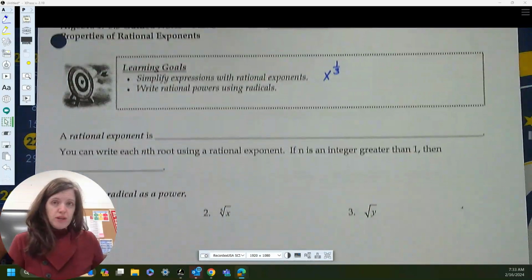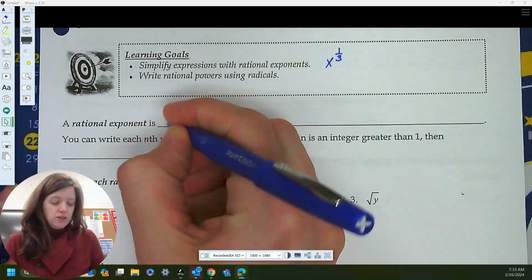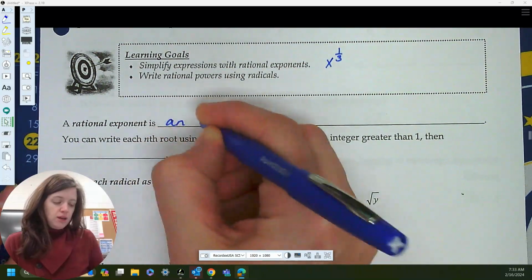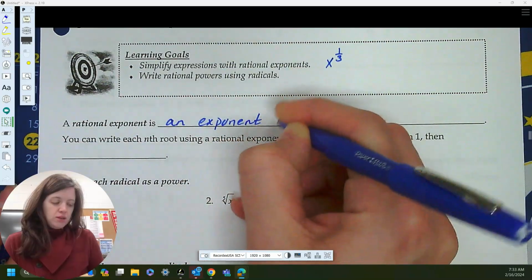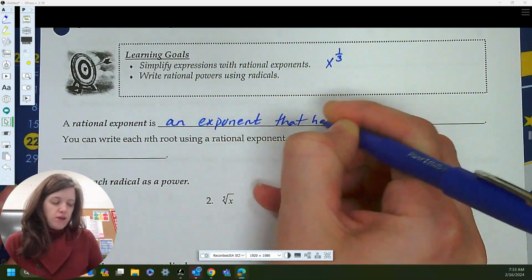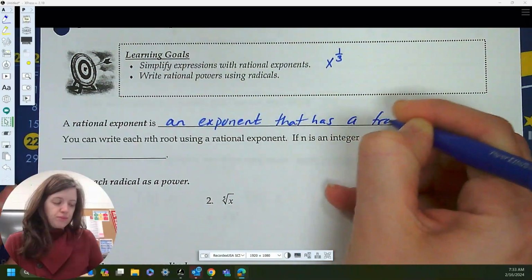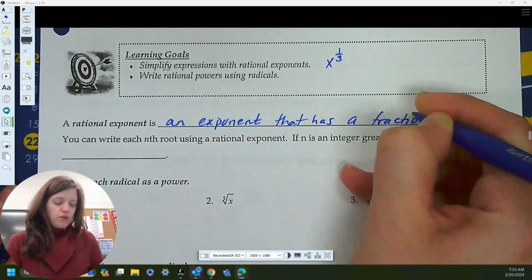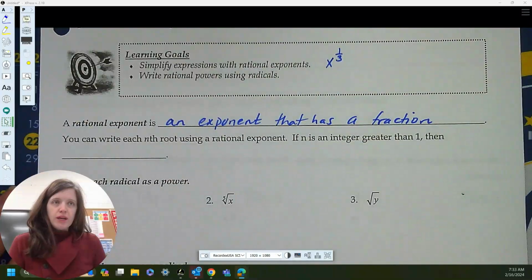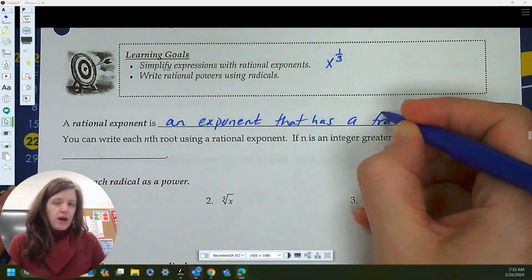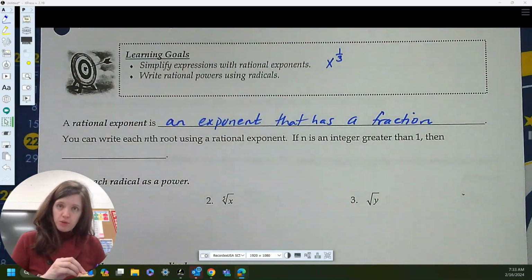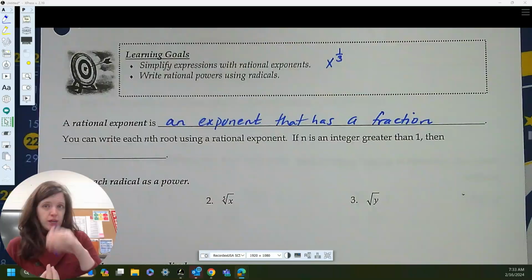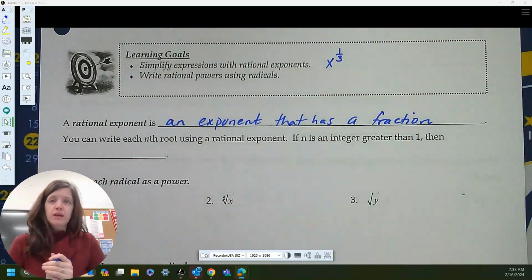So a rational exponent, as I just said, has a fraction. And what we're talking about here is how to transfer between the two forms: the fractional exponent form and the radical, where we're talking about the nth root of something.